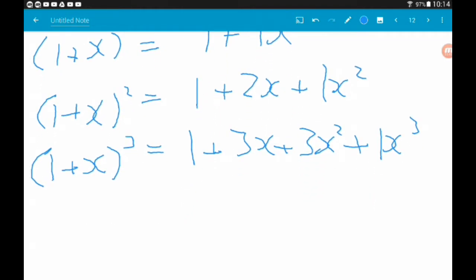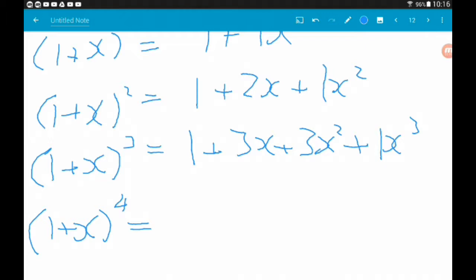Let's step it up another power. So let's do 1 plus x to the power of 4. Now, as the power is getting bigger, this is starting to become more and more of a pain. We could do this. This would be 1 plus x times 1 plus x times 1 plus x times 1 plus x. Now that, as I said, we could do it, but the whole point of this chapter is to do things like this in a more clever, quick way.